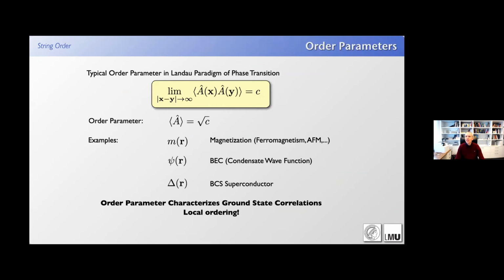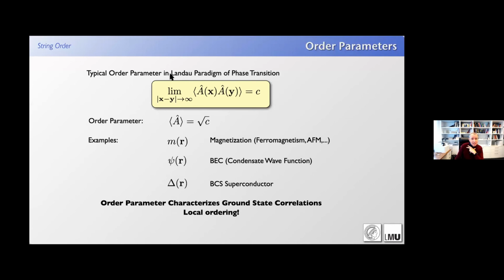So let me put this into context in the remaining 10 minutes, how this connects to phases, order parameters and phases of matter that you might know so far. I think you probably have been taught in your condensed matter or statistical physics courses that we have different order parameters for phases of matter.